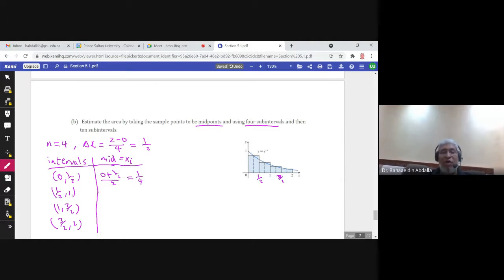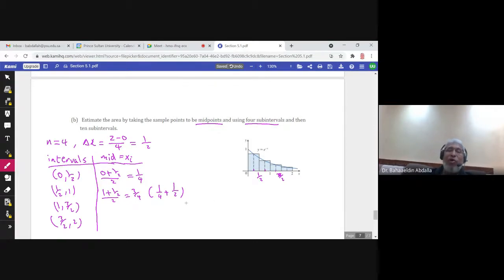Here you add 1 plus half over 2, so you get 3 over 4. Or it is in fact 1 over 4 plus the width. Because if you start from 1 over 4 and add half, you get to this point, another half, this point.